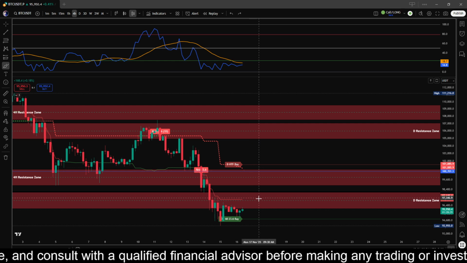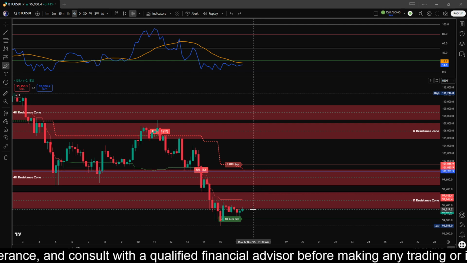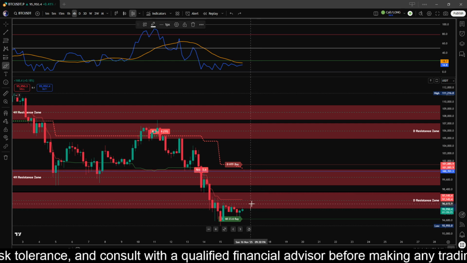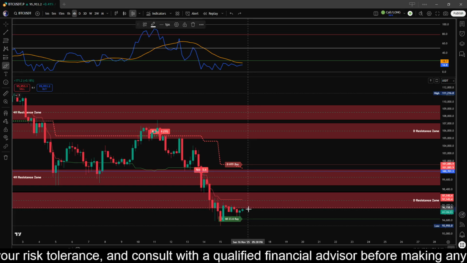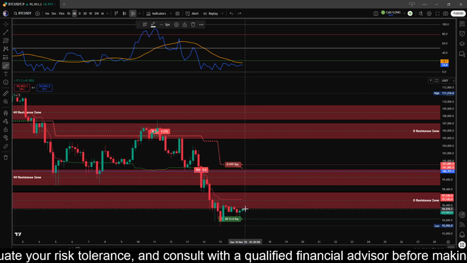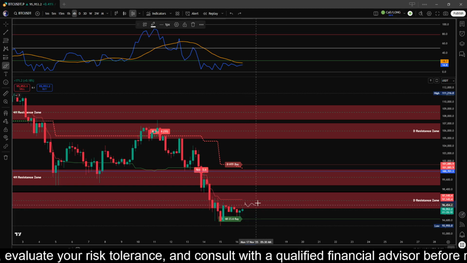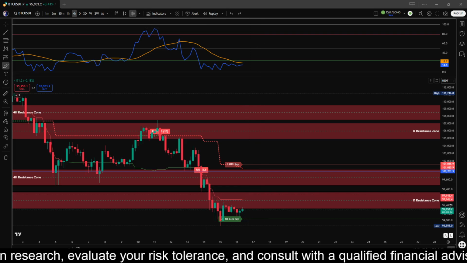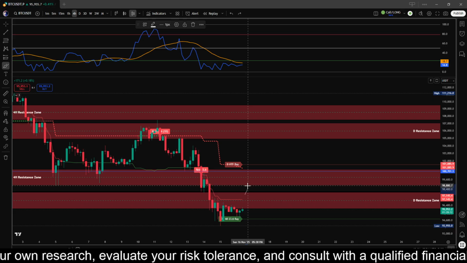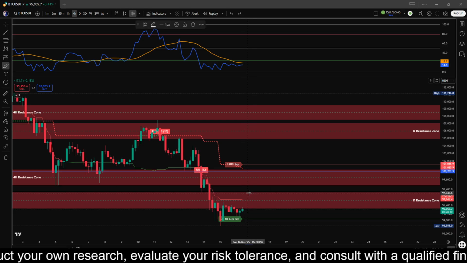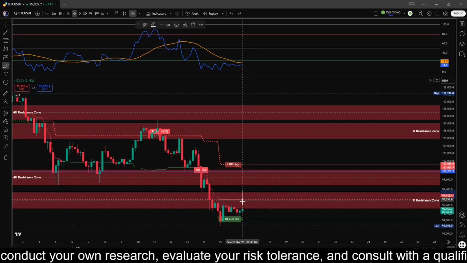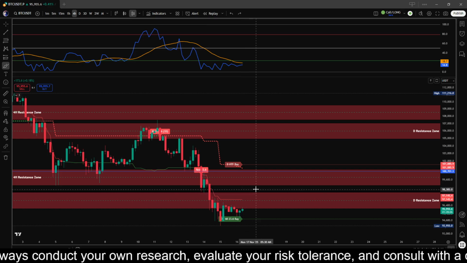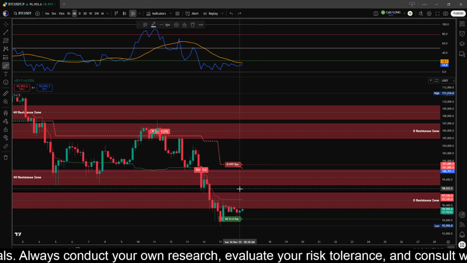Even after getting the resistance, it will consolidate somewhere inside, or maybe break through. I'm just assuming it breaks through this entire zone in a single candle, and then starts trading here.